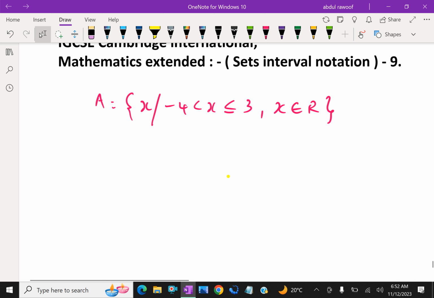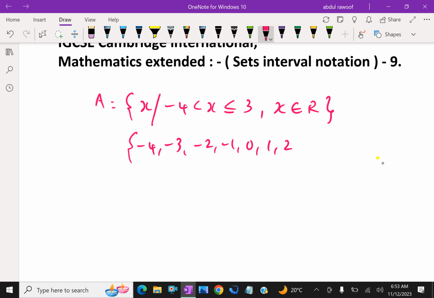Now look at here. What does this mean? It means the set A contains all real numbers such that x lies between minus 4 and 3, including 3, because x is less than or equal to 3. That means it may be like minus 4, minus 3, minus 2, minus 1, 0, 1, 2, 3.